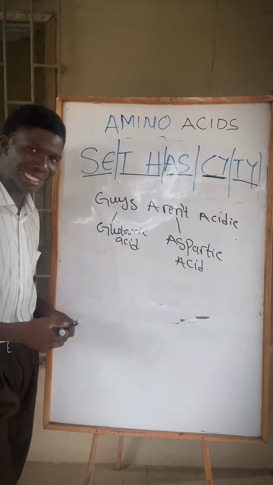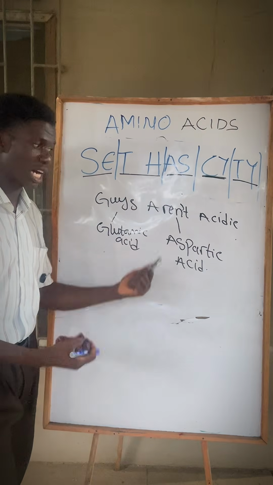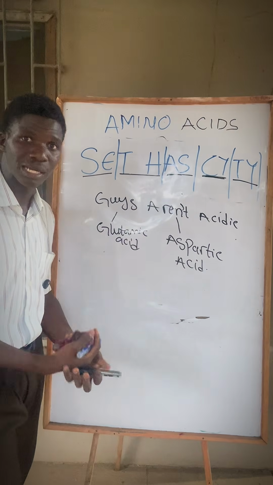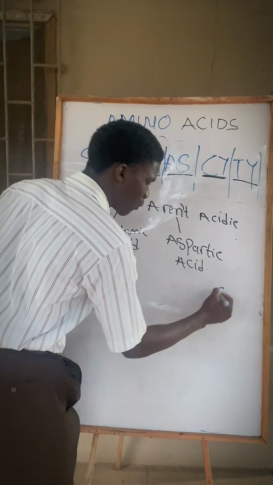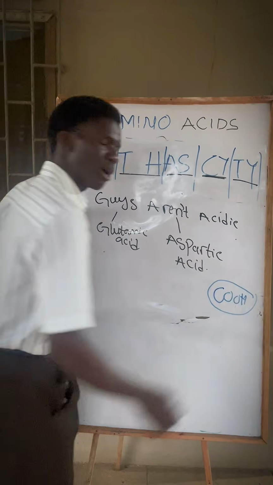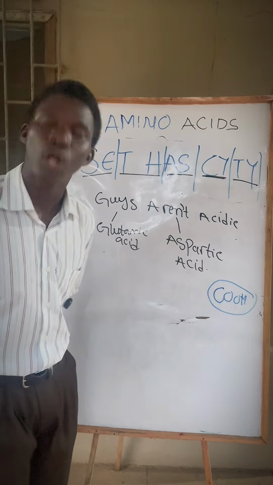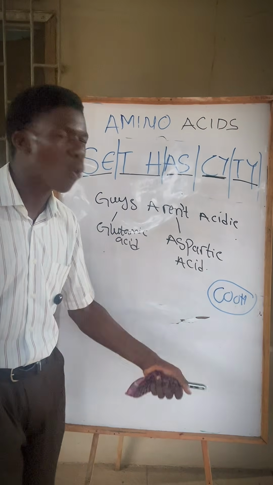Let me start with the aspartic acid. Since it is an acid, it has another functional group of COOH. We know that the structure of a normal amino acid has a COOH group, but aspartic acid has another COOH group.